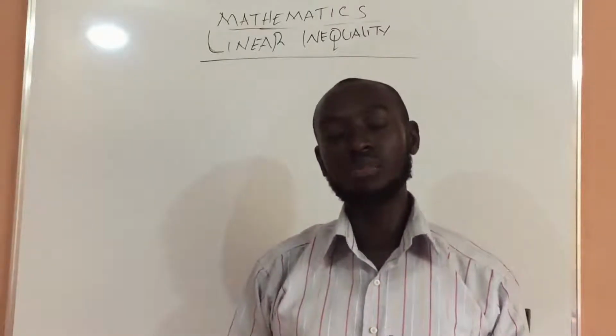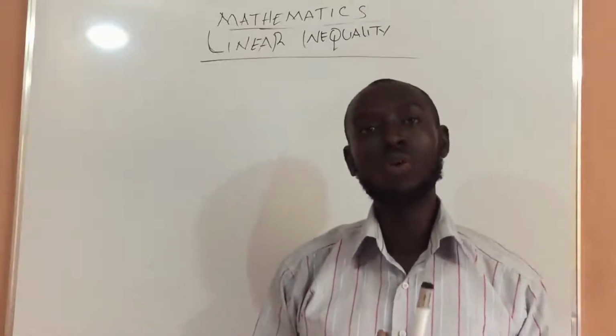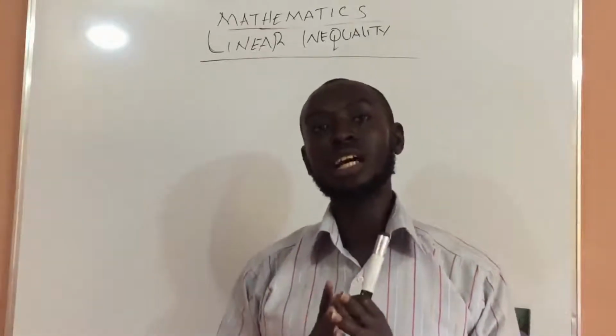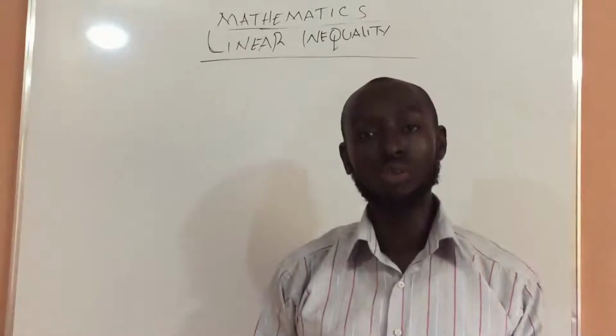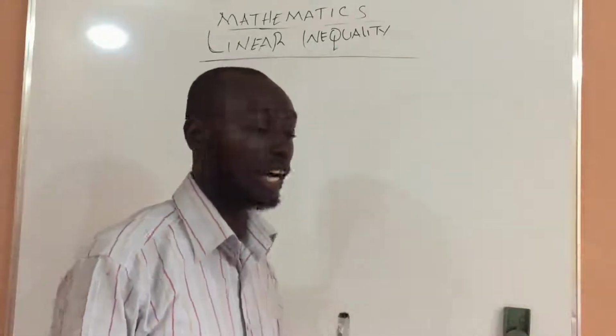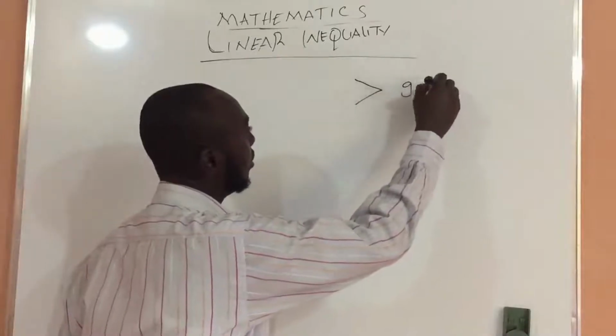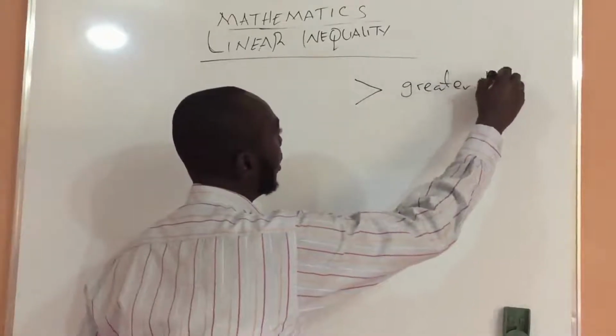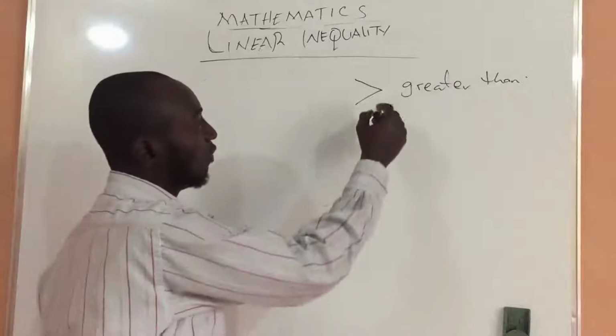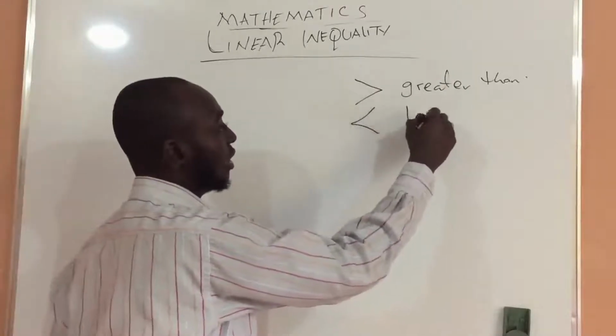Before I look at the examples, there are some things I need to show you when solving linear inequalities. There are some symbols you have to know. When you have a symbol this way, this means greater than. When I have a symbol like this, it is less than.